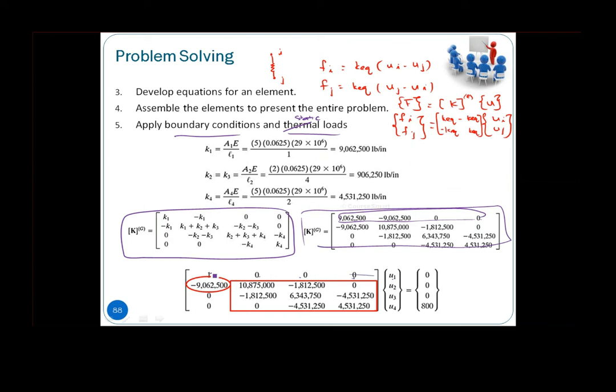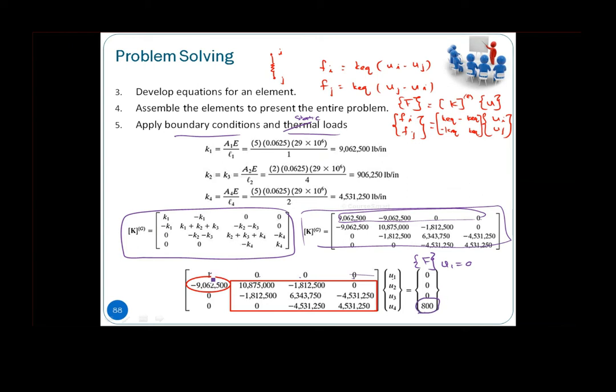So meaning only U1 fulfills the one condition, which is the boundary condition U1 equals 0. Then our force is applied at node 4, so it's 0, 0, 0, 800.